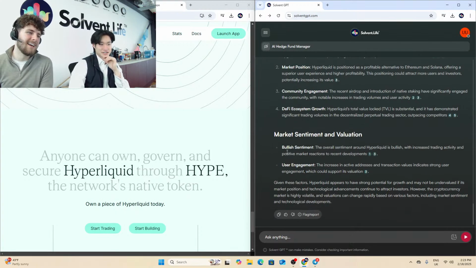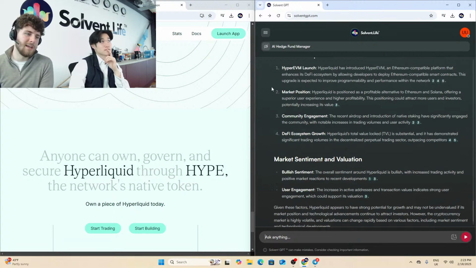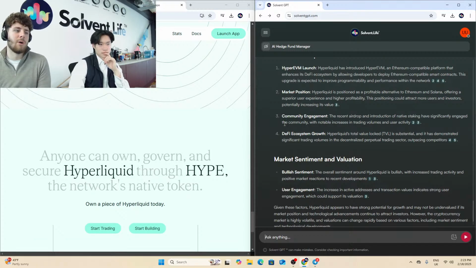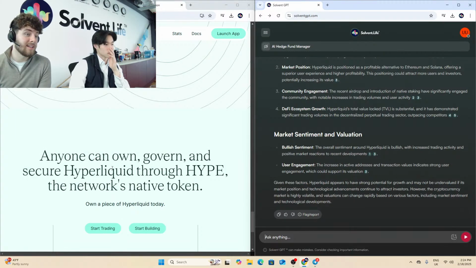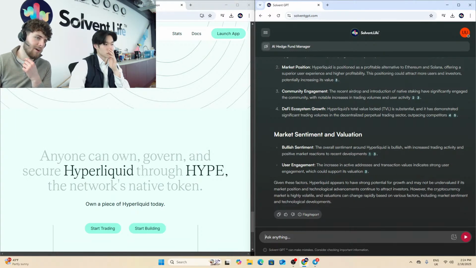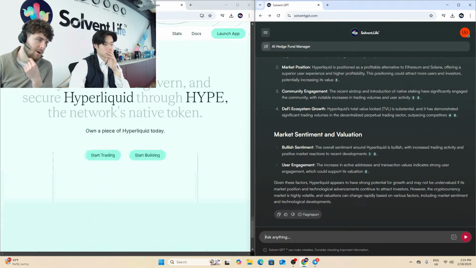But what we're looking at here, market sentiment and valuation. So the overall sentiment around Hyperliquid is extremely bullish, increased trading activity and positive market reactions to the recent developments. User engagement, the increase in active addresses and transaction values indicates strong user engagement, which will support its valuation.